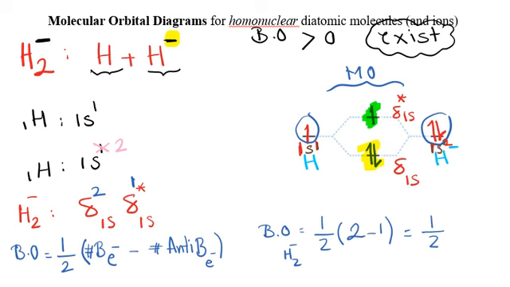Also, you know that if we have more electrons in bonding molecular orbitals, we are going to have more stability. Less electrons in anti-bonding means more stable. So I'm going to talk about stability here.